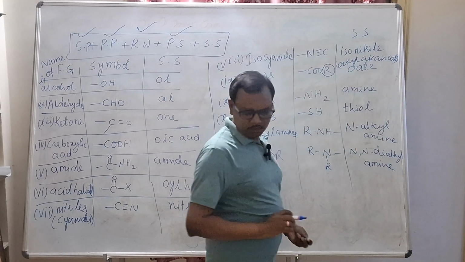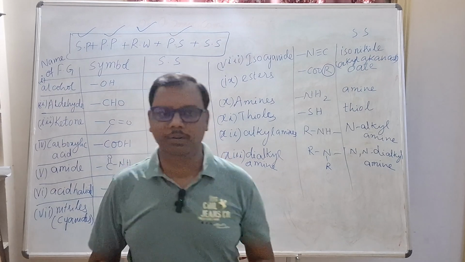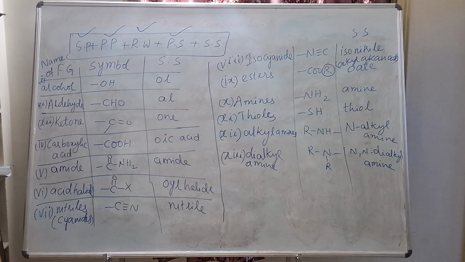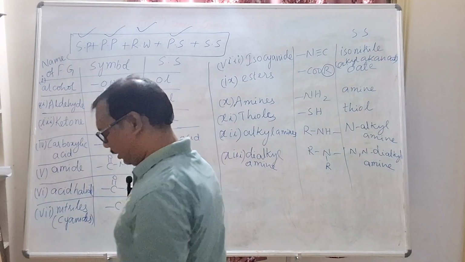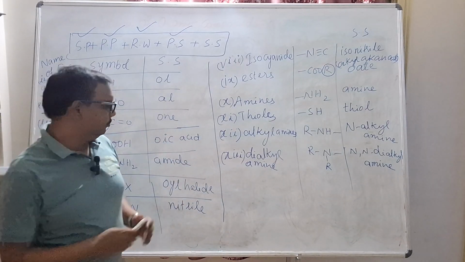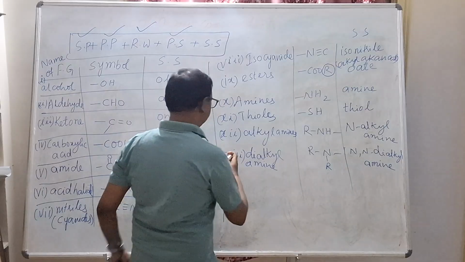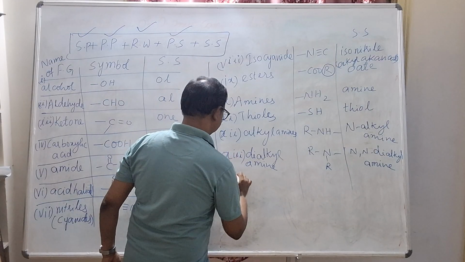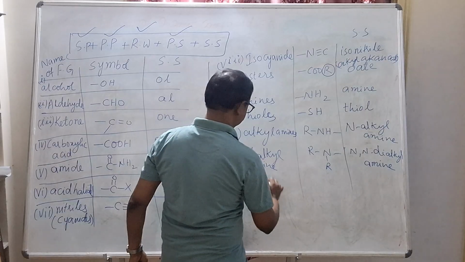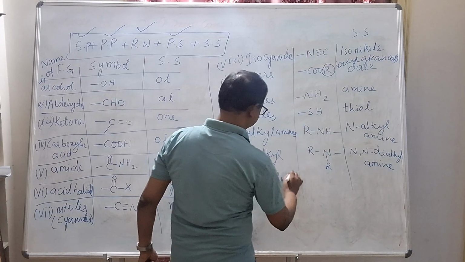Okay, those are the functional groups. Next, the fourteenth one is anhydride.